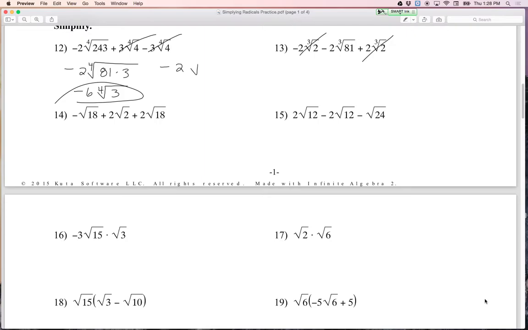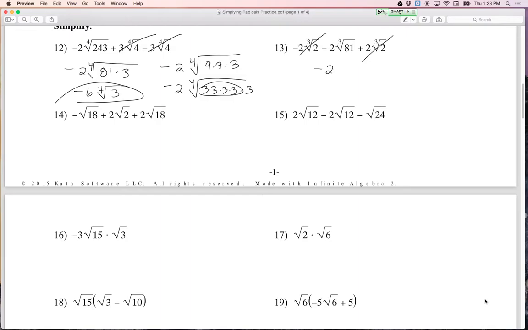So fourth root, and 81 is really 9 times 9 times 3. This still has to multiply together to give you 243 because I can't change it. And then it's -2 times the fourth root of 3 times 3, which is 9, another 3 times 3, which is 9, another 3, because now we're looking for groups of 4. That's the only reason we're doing this. We're factoring it so we can see if there's a group of 4.